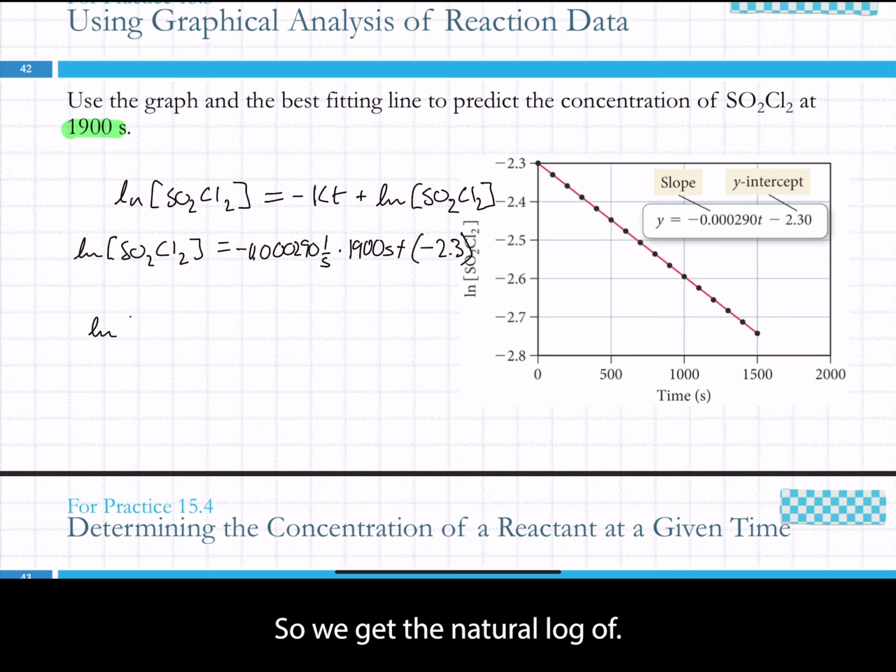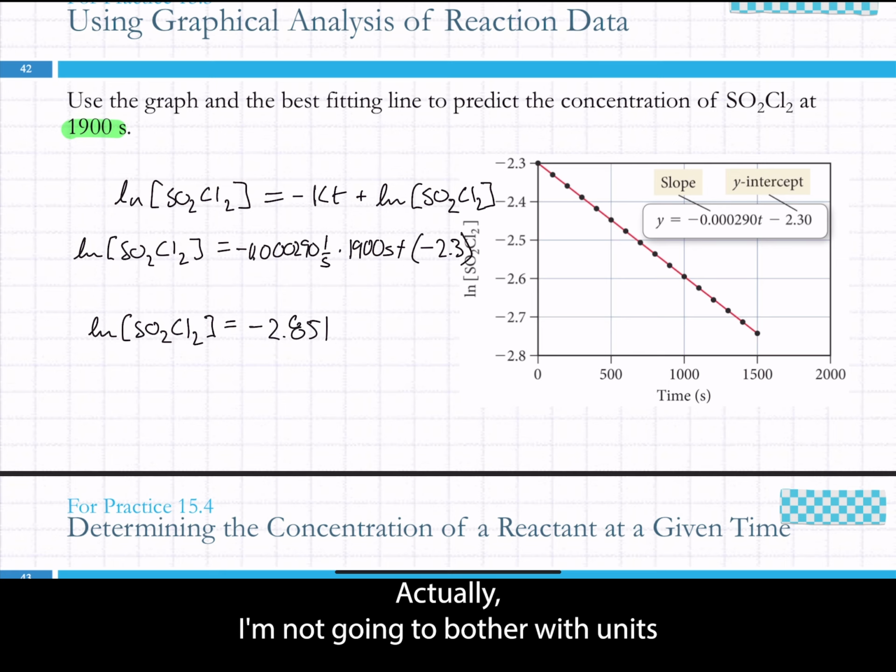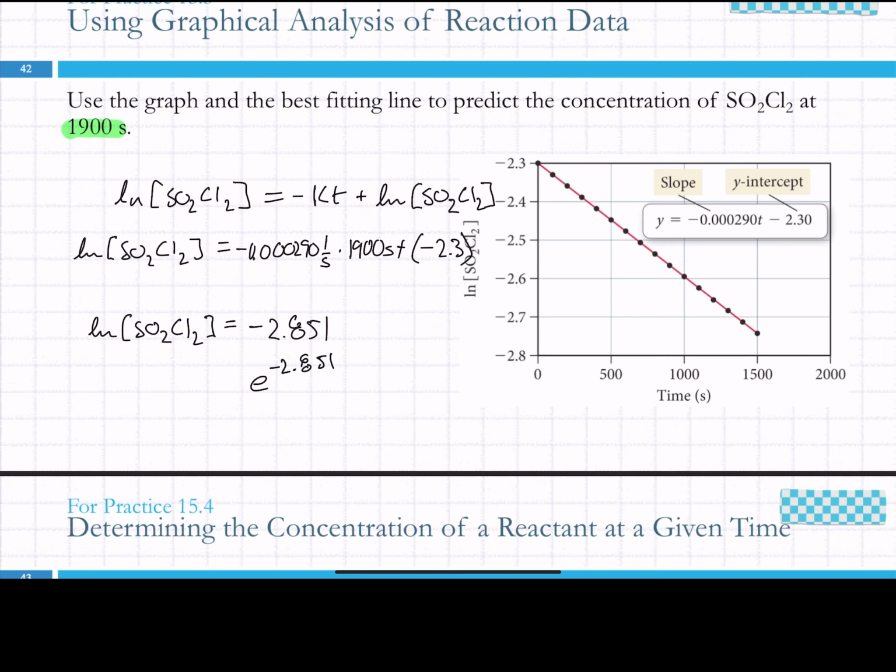So we get the natural log of... actually, I'm not going to bother with units because the units are going to be weird. So now we got to undo that natural log, which means use the natural base. So e, well, on this side, it's e raised to the negative 2.851.